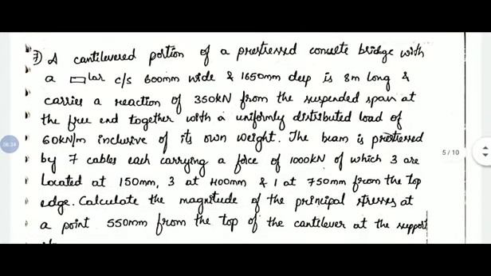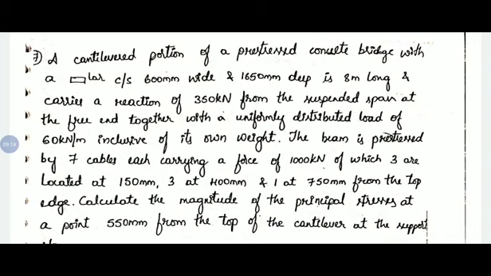Next problem. A cantilever portion of a pre-stressed concrete bridge with a rectangular cross section 600 mm wide and 1650 mm deep is 8 meter long and carries a reaction of 350 kilonewton from the suspended span at the free end, together with a uniformly distributed load of 60 kilonewton per meter inclusive of its own weight.